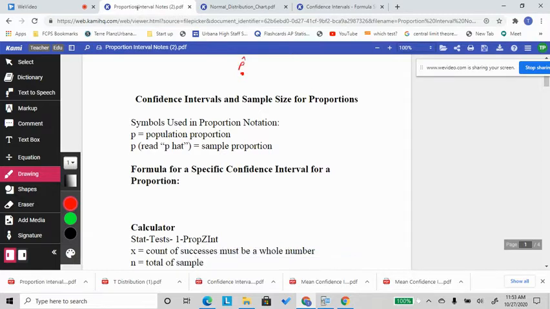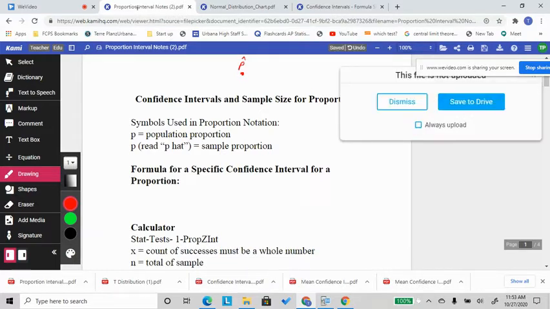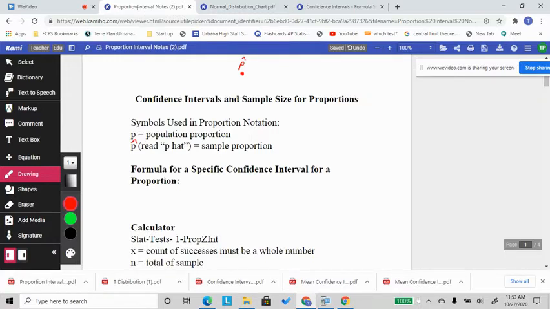That hat over top of that p tells you that you are doing a sample proportion. The symbol for p is the population proportion. This is a little sample proportion, and you read it as p hat. That is called our point estimate, if you remember from our intro video. That is one point in time that we went out and did a sample and got a proportion.